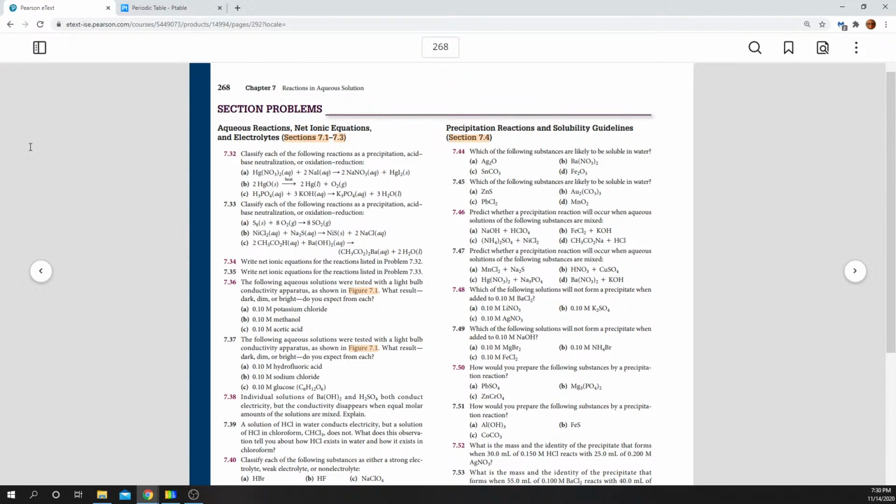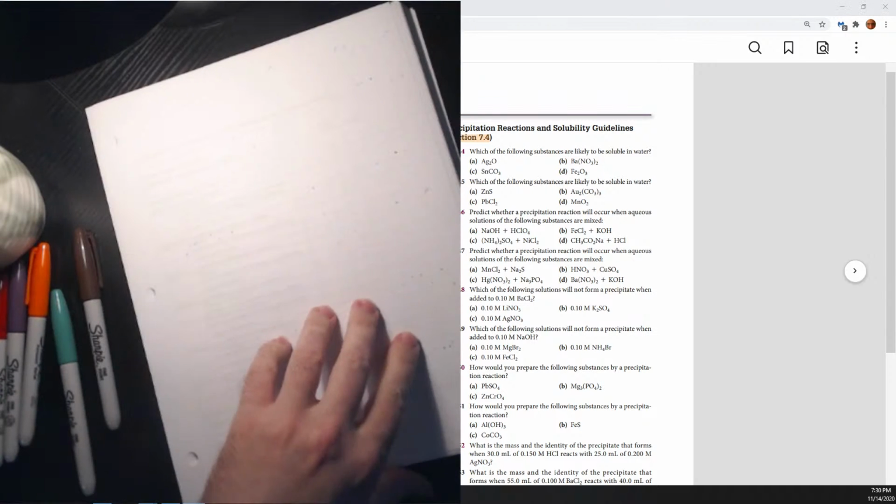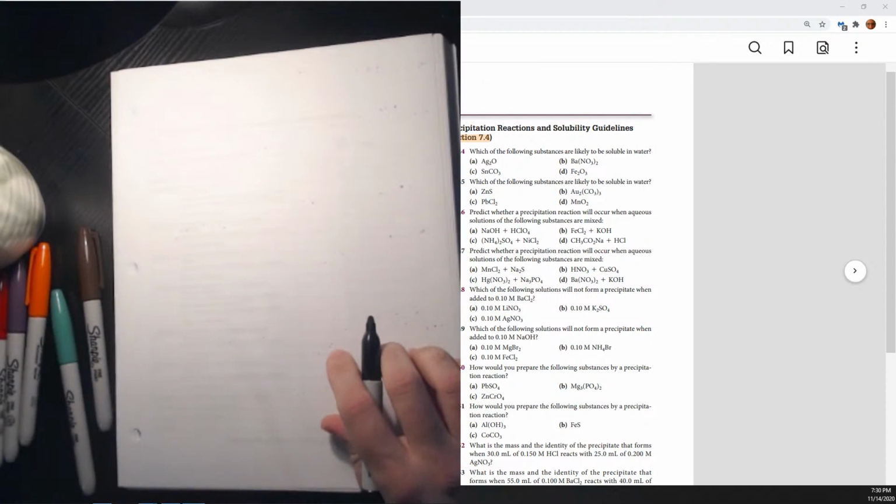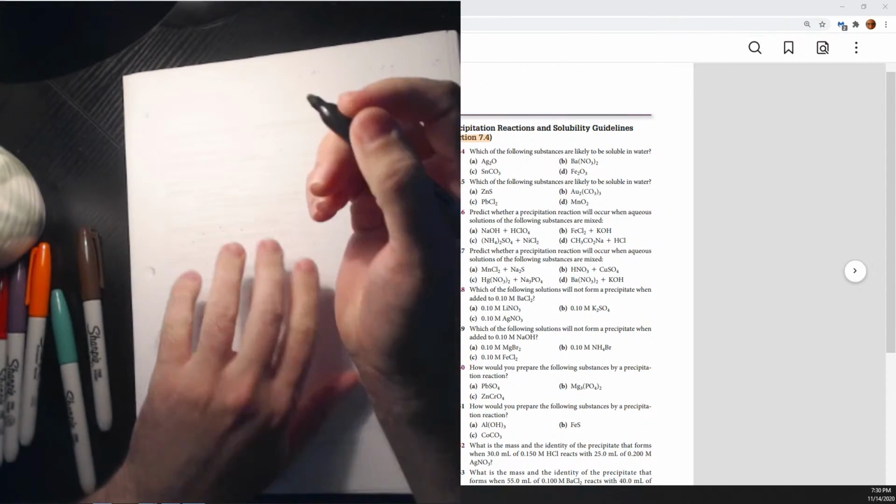And now we write net ionic equations for each of the problems in 32. Rather quick and straightforward. I'm just going to go ahead and skip right to the chase for each of those. Cut to the chase. That's a Hollywood term.